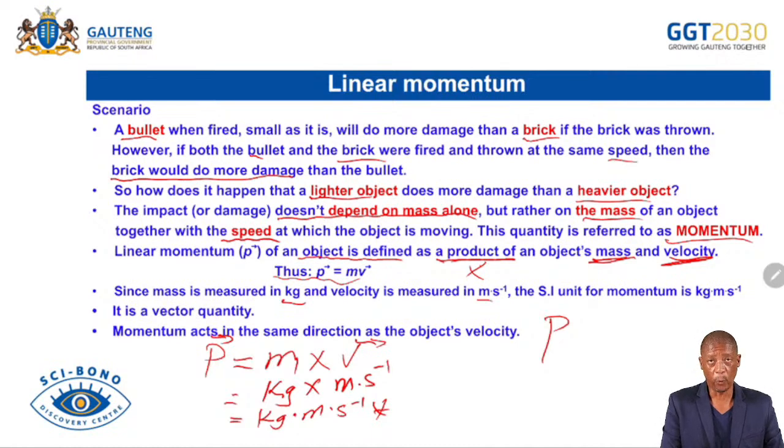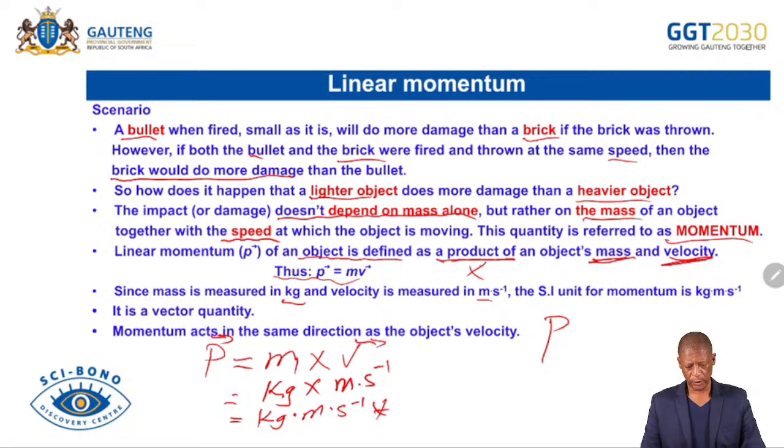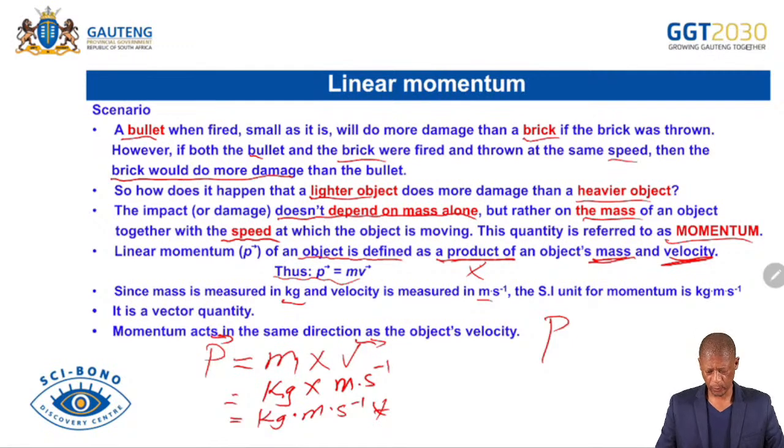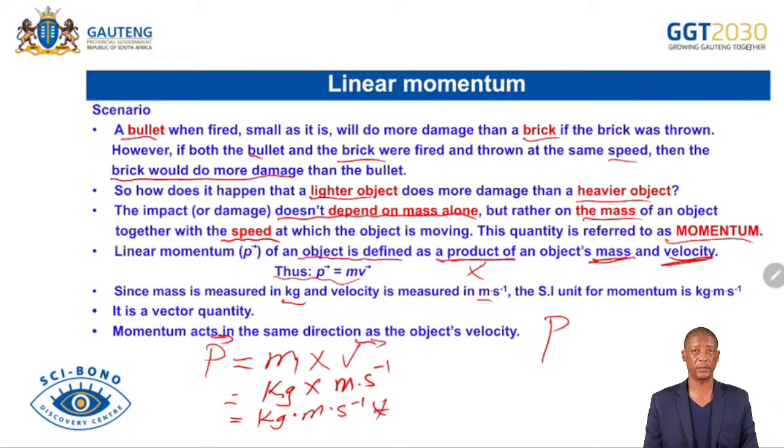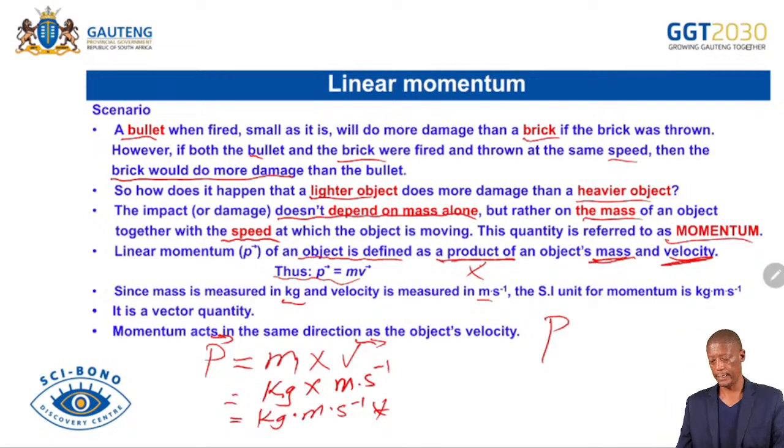You must know which quantities you are dealing with, so that they will give you the SI unit. We say that the momentum acts in the same direction as the object's velocity. So if the object moves in a right direction, your momentum will move in a right direction.